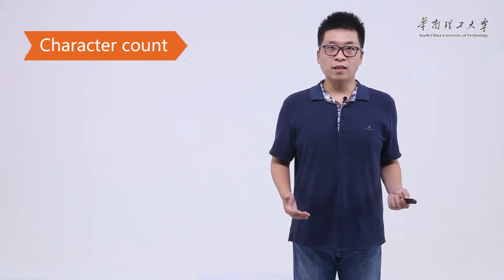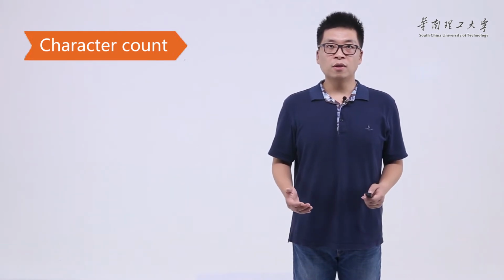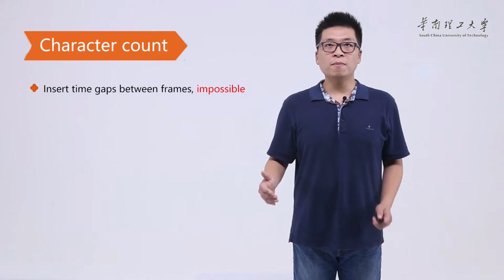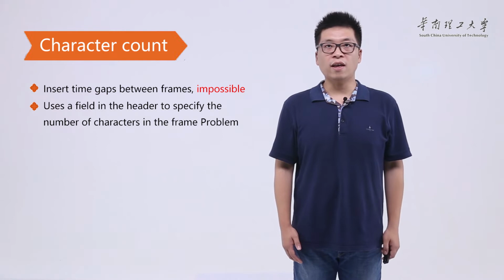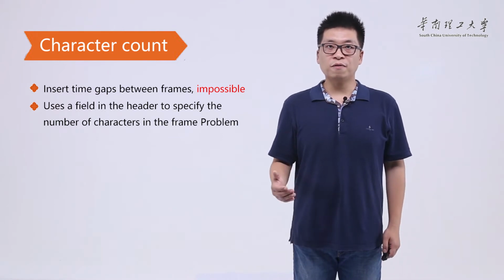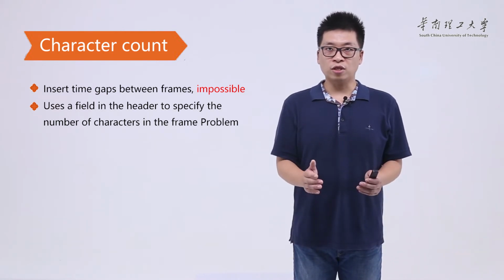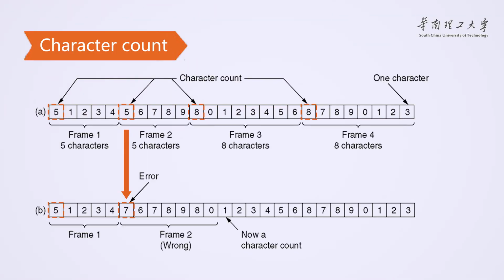We have explained it is impossible to just insert time gaps between frames, but we can use a field in the frame head to specify the number of characters in the frame. So this is a method we can sort out the problem of framing.